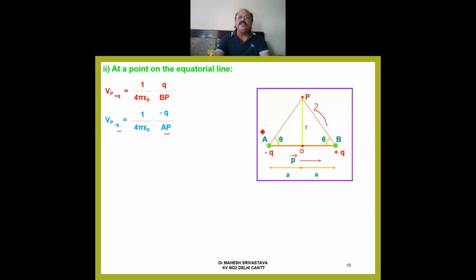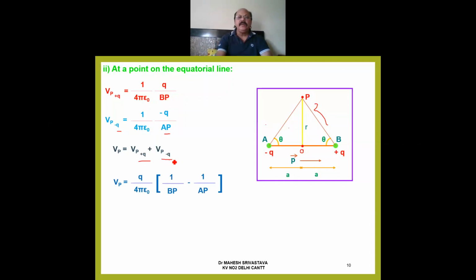So before substituting this value at point P, the total electric potential is the algebraic sum. So Vp equal to electric potential at P due to plus Q charge plus electric potential at P due to minus Q charge. Substitute these values in this equation.